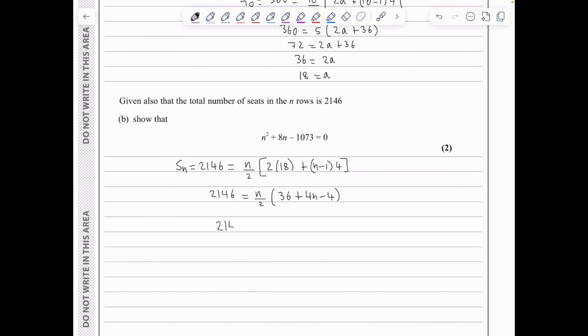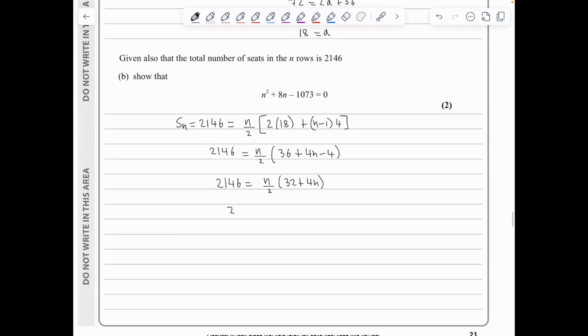So 2146 is n over 2 times (32 plus 4n). I will expand further to get 2146 is equal to 16n plus 2n squared. I will collect everything on the right hand side, leading to 0 is 2n squared plus 16n minus 2146. So if I divide throughout by 2, I get 0 is n squared plus 8n minus 1073 as required.